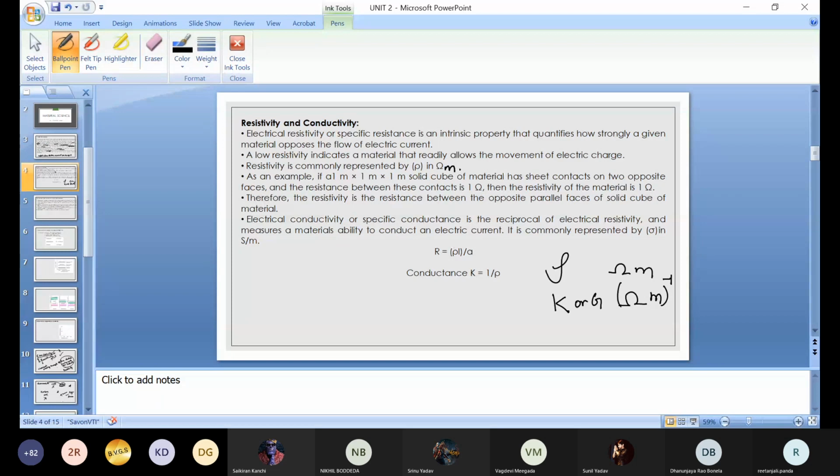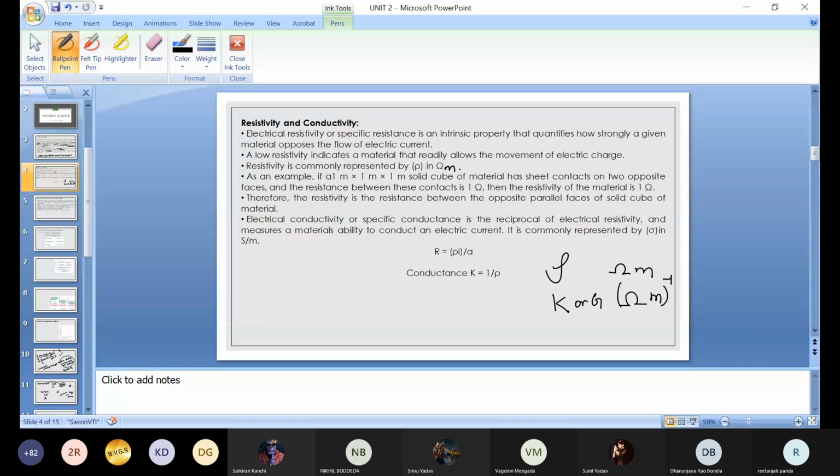If this particular material has 1 ohm of resistivity, then the conductivity will be... No, don't go for this complex thing. We will directly go to the next topic.